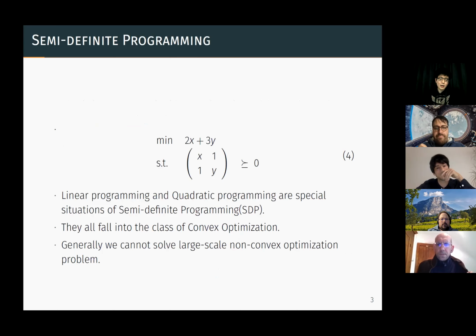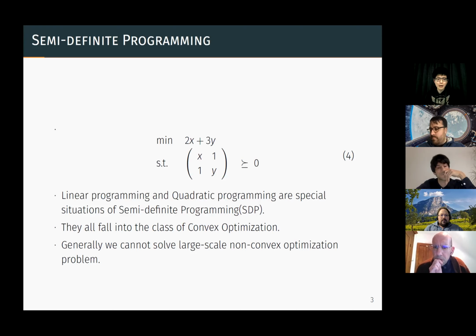Today, the optimization problem we are going to deal with is semi-definite programming. We are going to minimize some linear combination of variables subject to some semi-definite inequality. That is the semi-definite positiveness of a matrix.